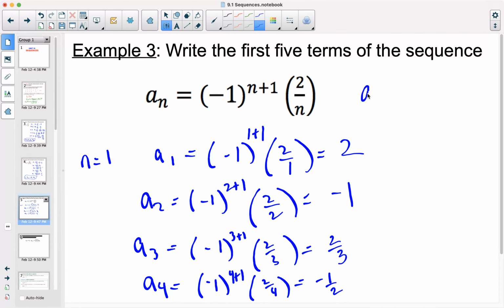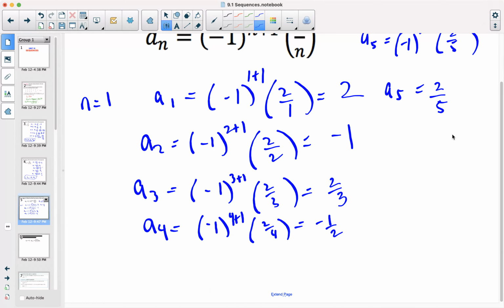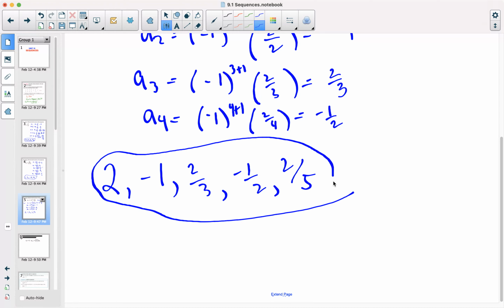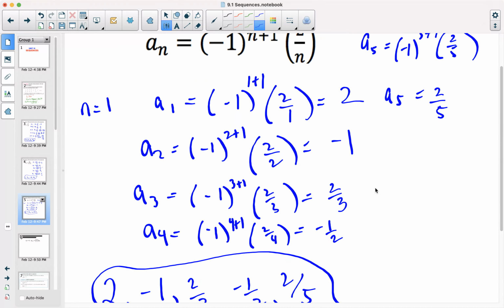And the fifth term, -1 to the 5 plus 1, times 2 over 5. This is going to be a positive, so it's 2 over 5. So when we write our list of the first 5 terms: 2, -1, 2/3, -1/2, and 2/5. And that's exactly what we found up here.